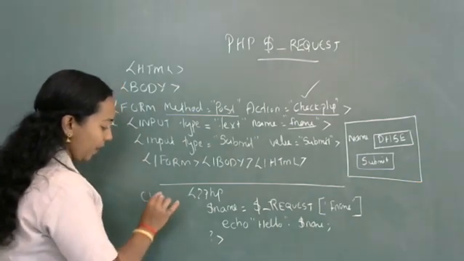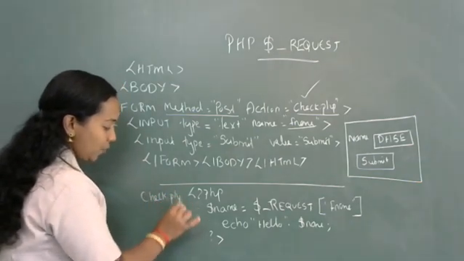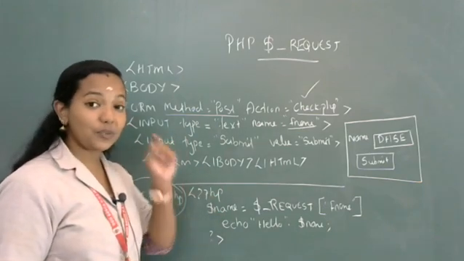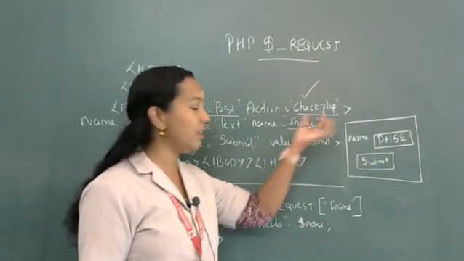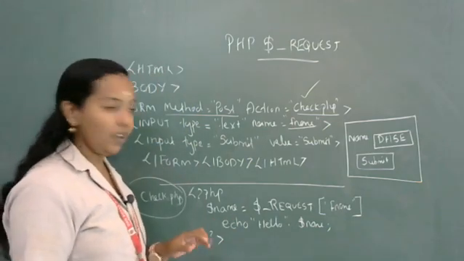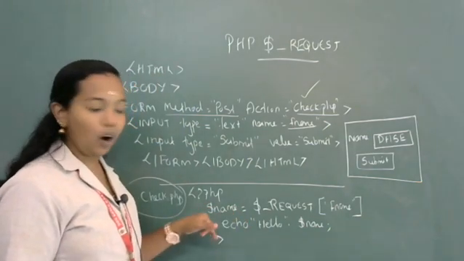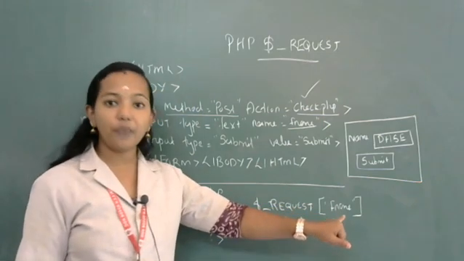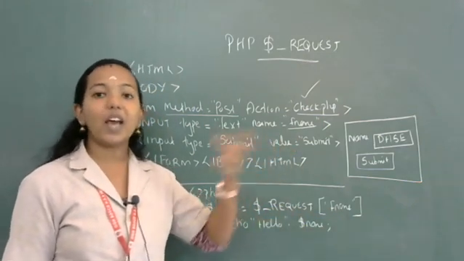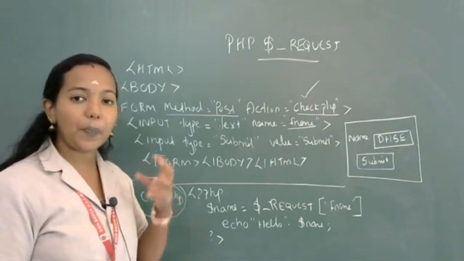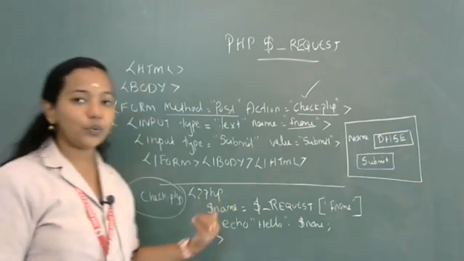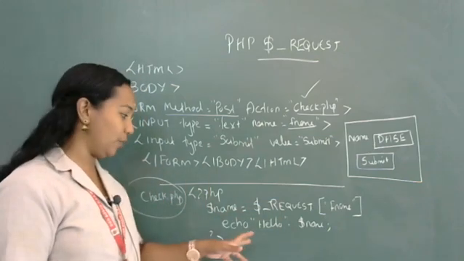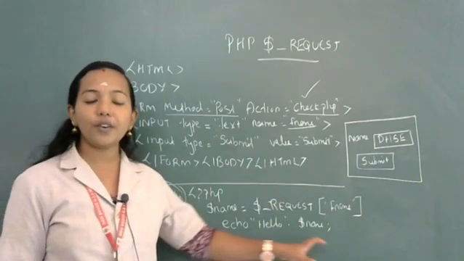Automatically the value present at FNAME will transfer to check.php. So here, $name is equal to $_REQUEST of fname. That means we are accepting the value present at the text box into this PHP program and printing that value. So echo hello $name.